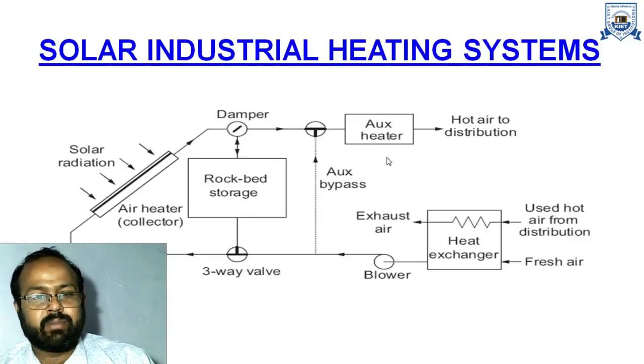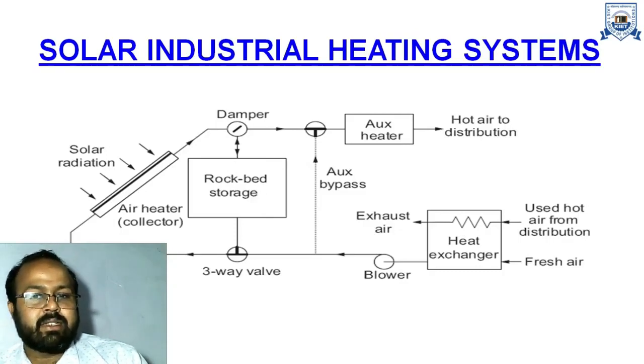This is the solar industrial heating system. In the solar industrial heating system, solar radiant energy is collected by an air collector. In this air collector we use a three-way valve and the rock bed storage system, as we studied earlier. This rock bed storage system acts as an absorber, and the heater is used for air distribution, and a heat exchanger is used for the air distribution.